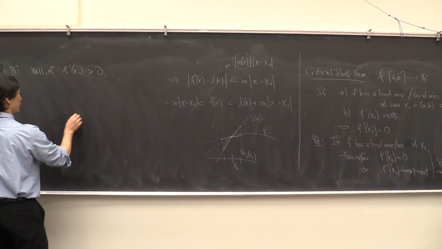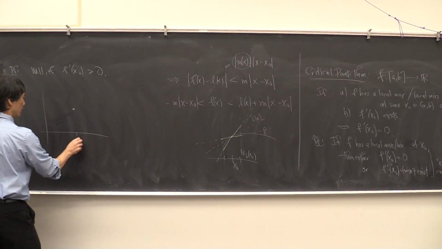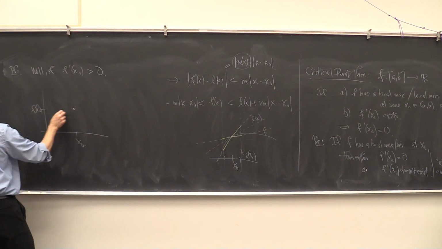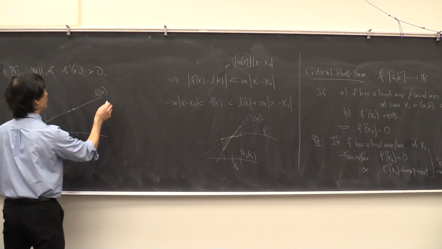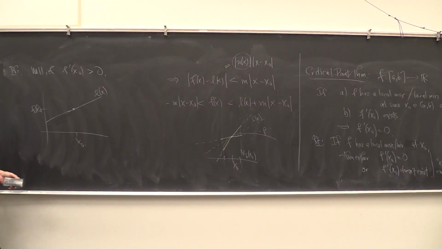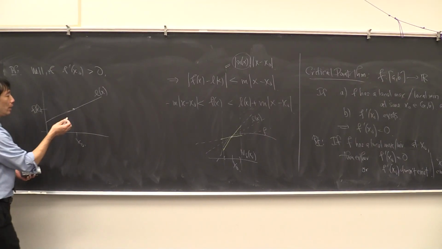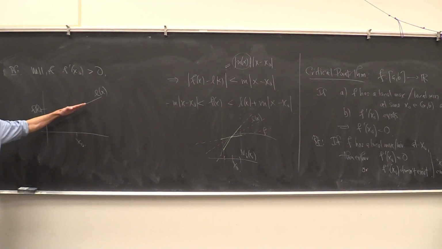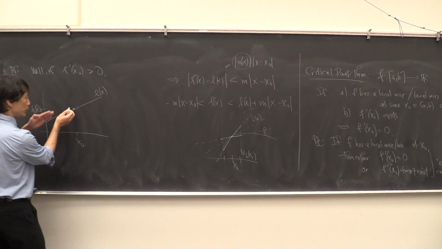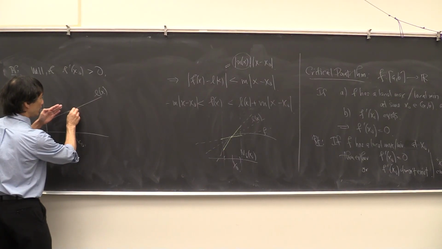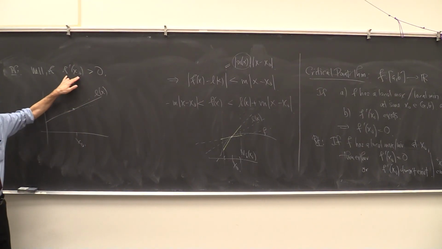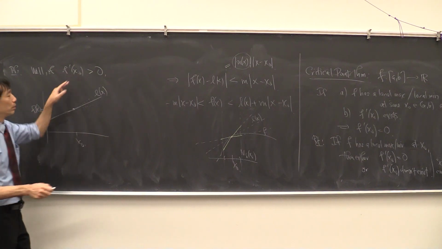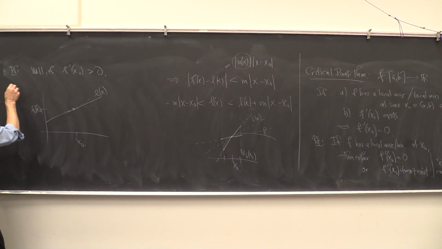Here's your point, the linearization with positive slope. Then if the derivative is positive, choose an aperture for your cone that is smaller than this. That is the proof, the idea at least.